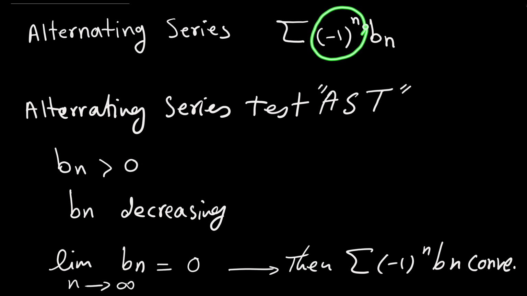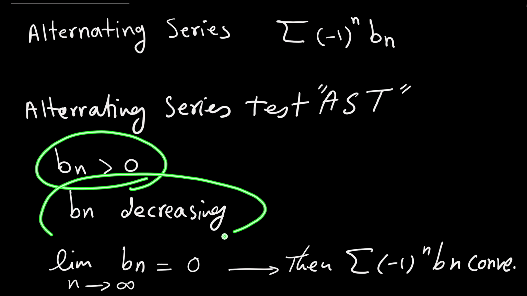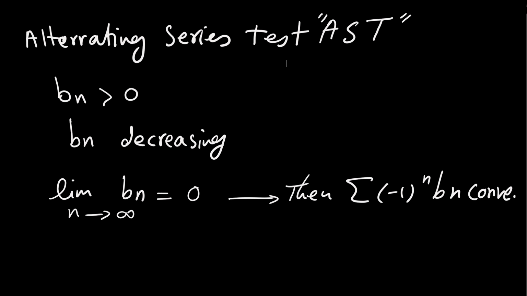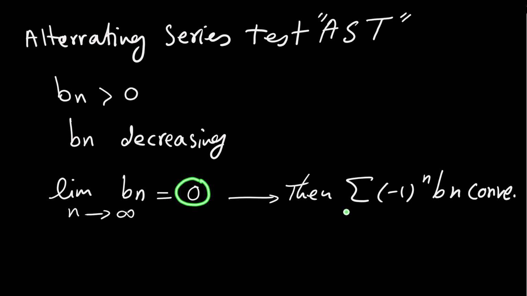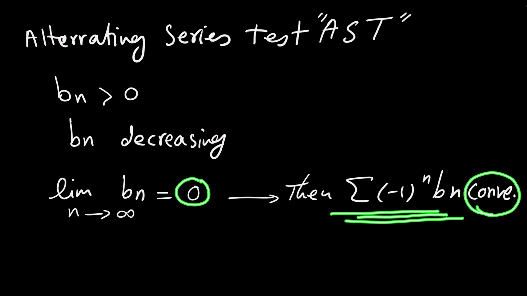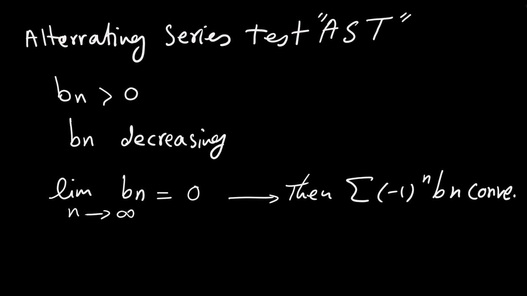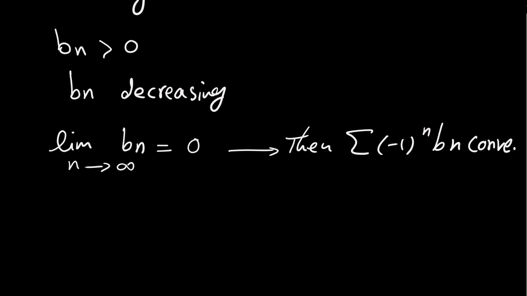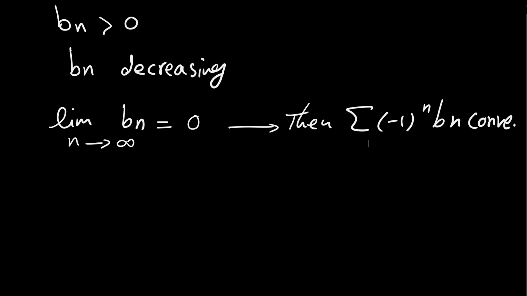When we have (-1)^n and the sequence b_n contains all positive terms and it is decreasing, if the limit of b_n when n approaches infinity is 0, then this alternating series converges by the alternating series test. The alternating series test also helps us to estimate the remainder.